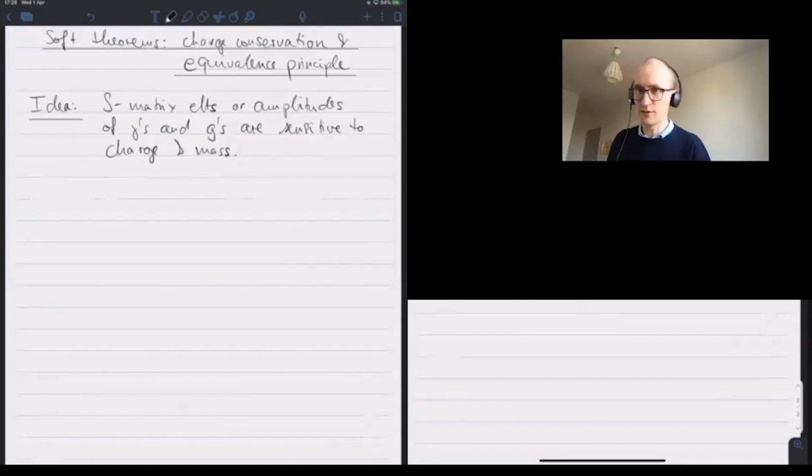So that's a very physical way of seeing that charge and mass are somehow mediated by photon and graviton exchange. And so we will use certain soft processes precisely to constrain charge and mass couplings.